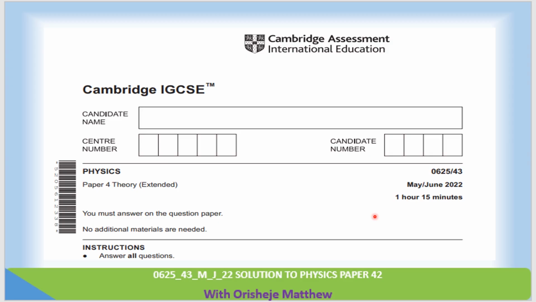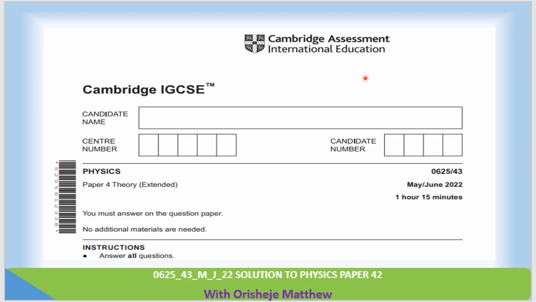Today, the essence of reviewing this past question with you is just to help you understand some basic way to answer the IGCSE question so that you can come out with A+. I just want you to do well in physics. Physics is the easiest subject on earth, so don't be afraid of physics. It's very easy.